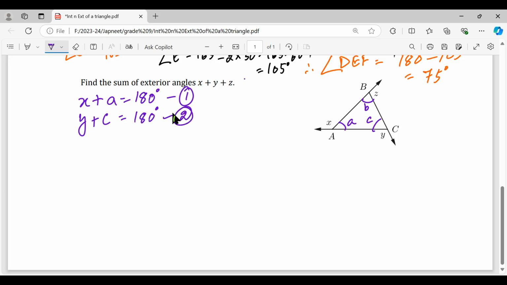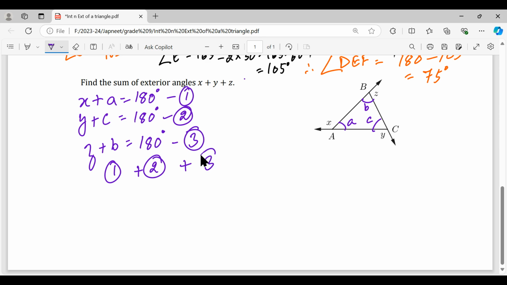This is second. Then z plus b gives 180 degrees. And this is third one, right? Okay. Now what we can do is, you see, we have to find x plus y plus z. So we will add 1 plus 2 plus 3. All three equations we will add.